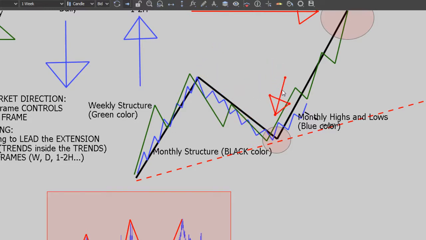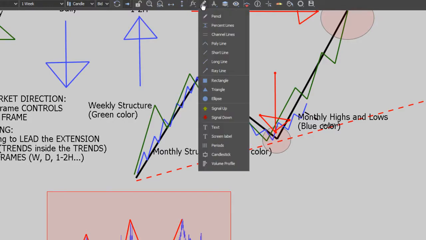But in the end, all the time frames are going to converge at the higher low. Okay, all the time frames are going to converge at the higher low of the monthly. Why is that? Because the monthly time frame controls all the other time frames. The higher time frame controls the smaller time frame.